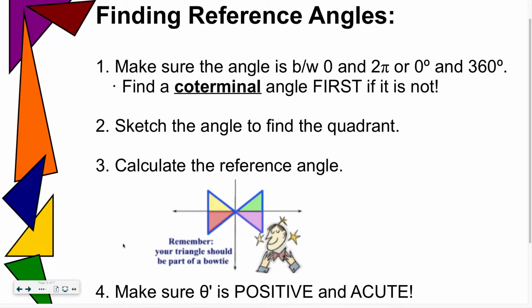These are some tips to finding reference angles, so if you want to jot any of them down, you can. If you're writing, I'm also going to come around and give you a circle that has our special angles on it, and you can take them into your notebooks. Just be real tape efficient today. You probably only need 2 small pieces, one for the top, one for the bottom.